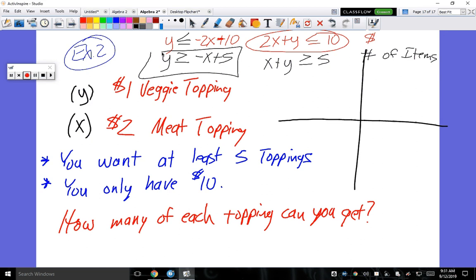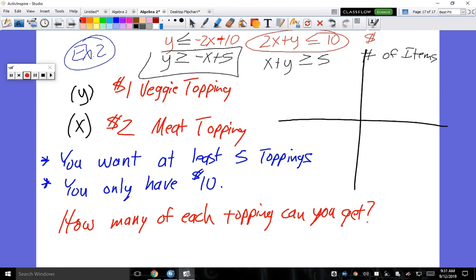I'll say them again. Y is greater than or equal to negative x plus 5. Or negative x plus 5 is less than or equal to y. They're both correct. But which one do I prefer? The first one. Okay? So, let's graph this real quick.